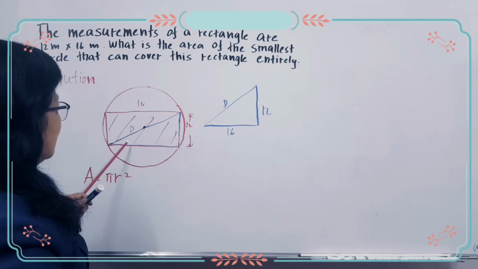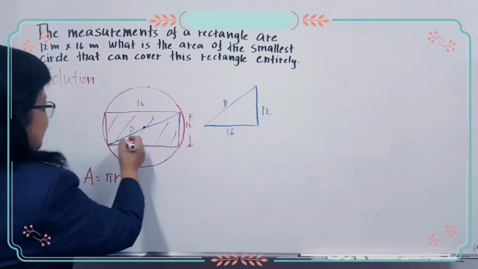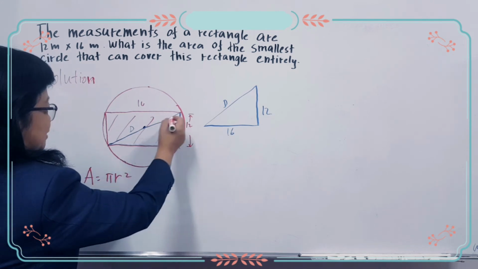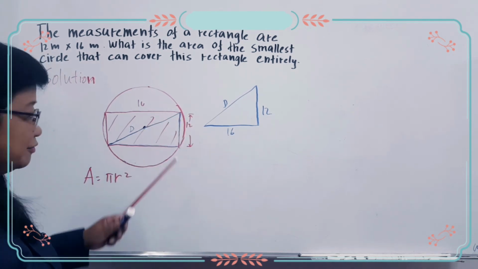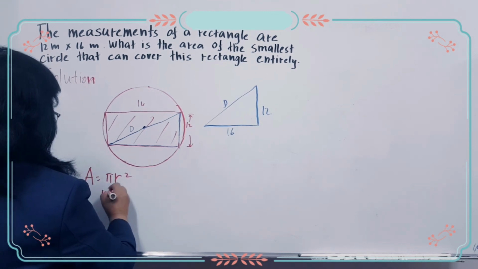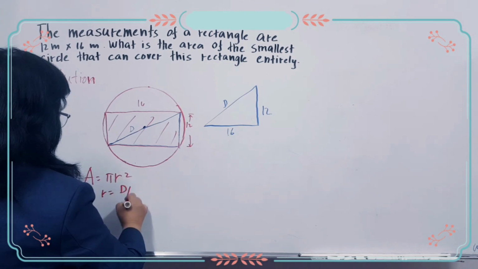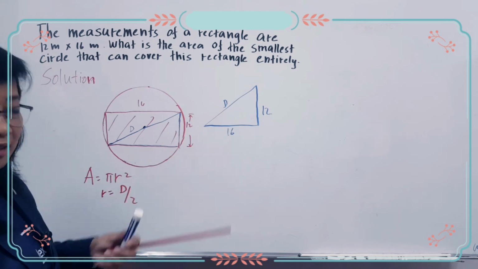So we can solve D. According to this figure, D is the diameter of the circle, because from that one, we can solve the R, which is equal to D over 2. Therefore, we have to solve first the D.